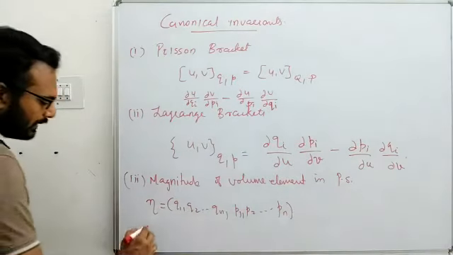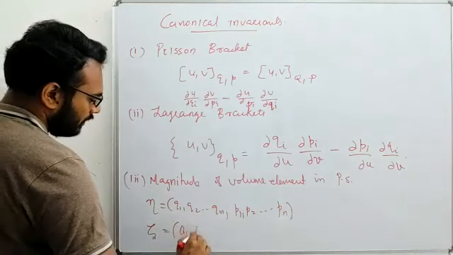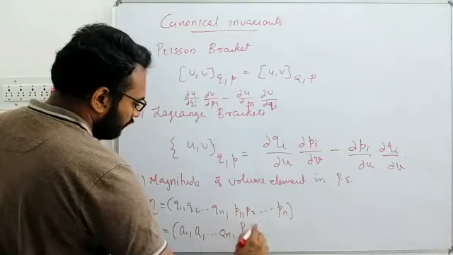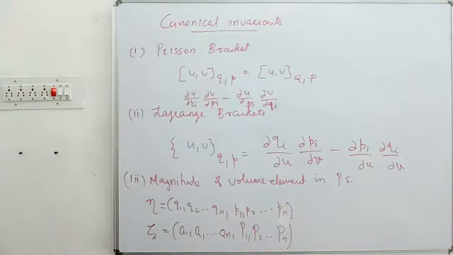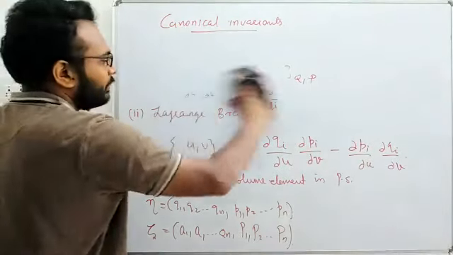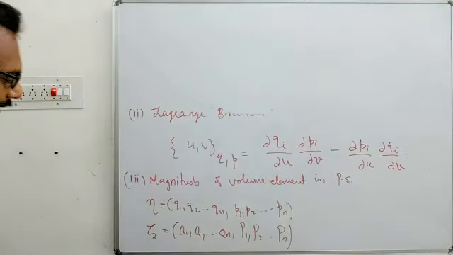These are the old coordinates and the new coordinates we will represent by zeta: Q1, Q2, Qn, P1, P2, Pn. Okay. These are the old coordinates and the zeta correspond to the new coordinates. So we are just giving them a collective name, eta and zeta. Right?